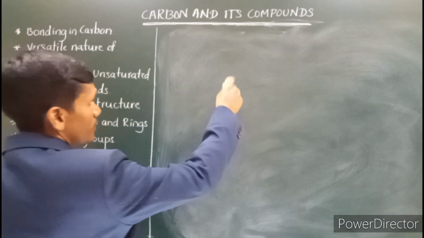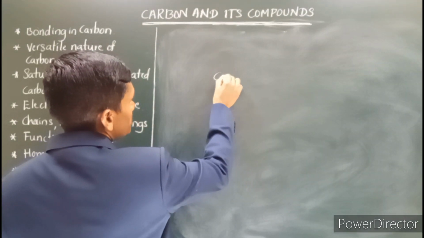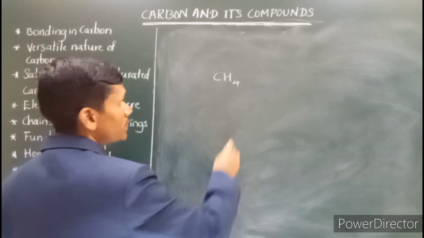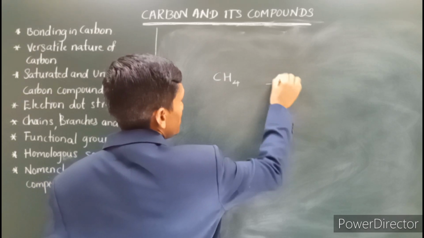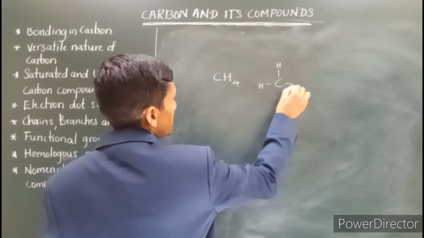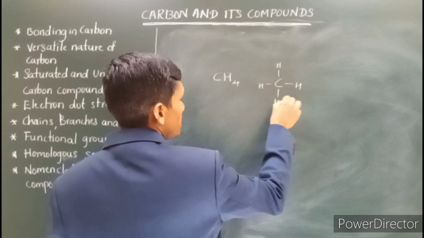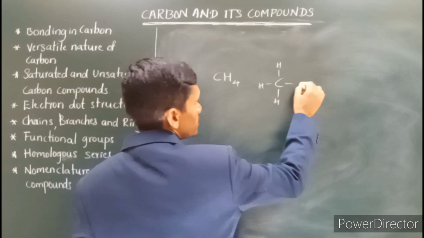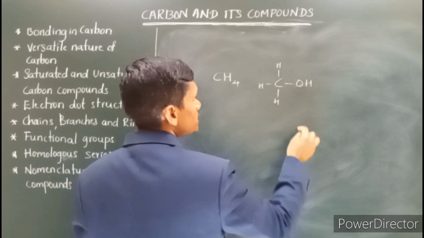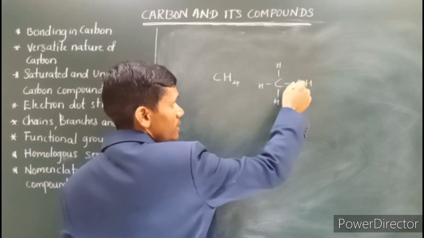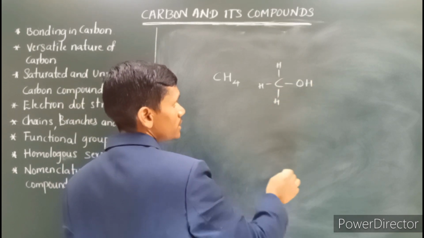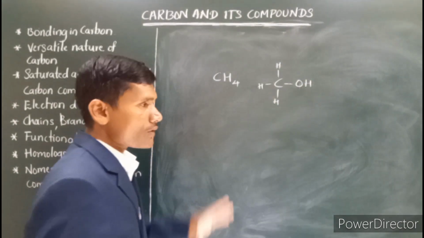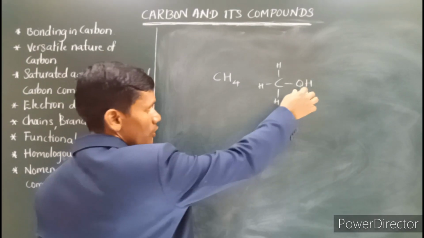Right? Here, for example, if you take CH4, it is methane. Instead of one hydrogen atom, if any other group of atoms such as OH is replacing one hydrogen and coming in this place, then this is called a heteroatom.